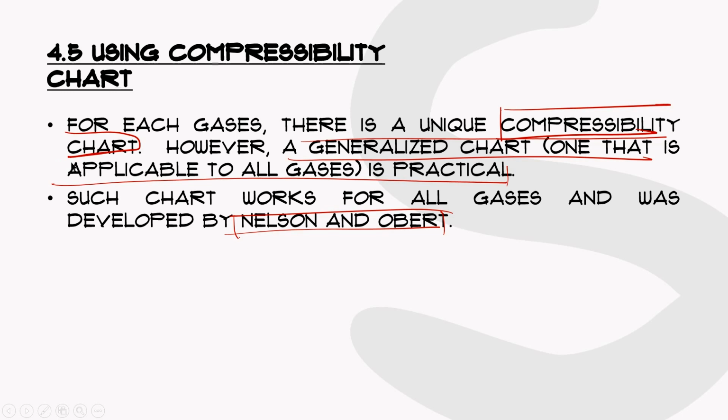So say for air there must be a compressibility chart, or for nitrogen, or for oxygen. However, a generalized chart, one that is applicable to all gases, is practical. If we can have only one chart for all gases, then that would be great. Such a chart was developed by Nelson and Obert, and it works for all gases.